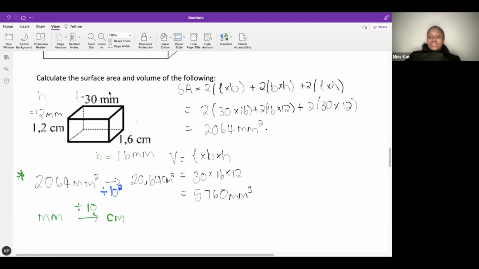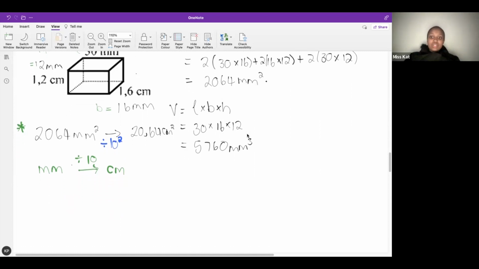So if we were going to convert volume, then we were going to divide by 10 what? If we wanted to convert the volume, which is in millimeters cubed, thank you, Tammy, we were going to divide by 10 cubed. Nice to know.